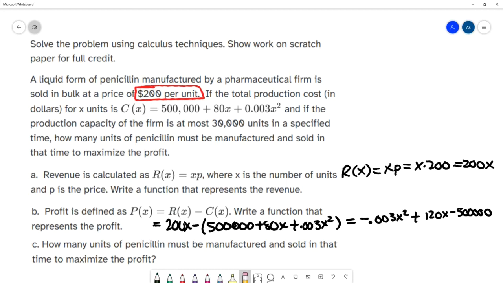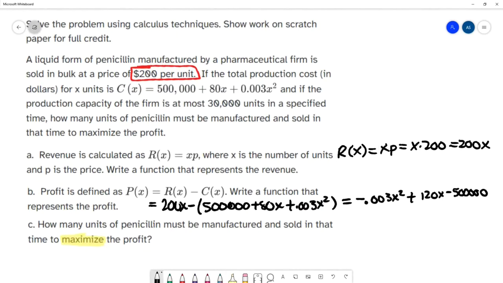So this is where our calculus techniques come into play in part C. We want to know how many units of penicillin must be manufactured and sold in that time to maximize profit. So to find the maximum, we're going to use our calculus technique, calculating the derivative of our profit function.